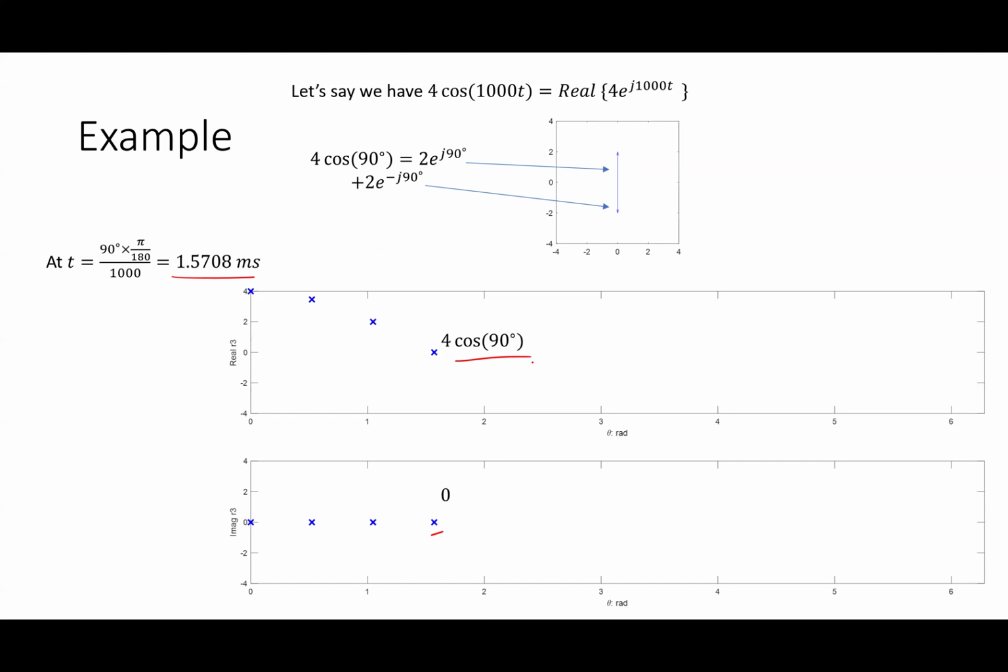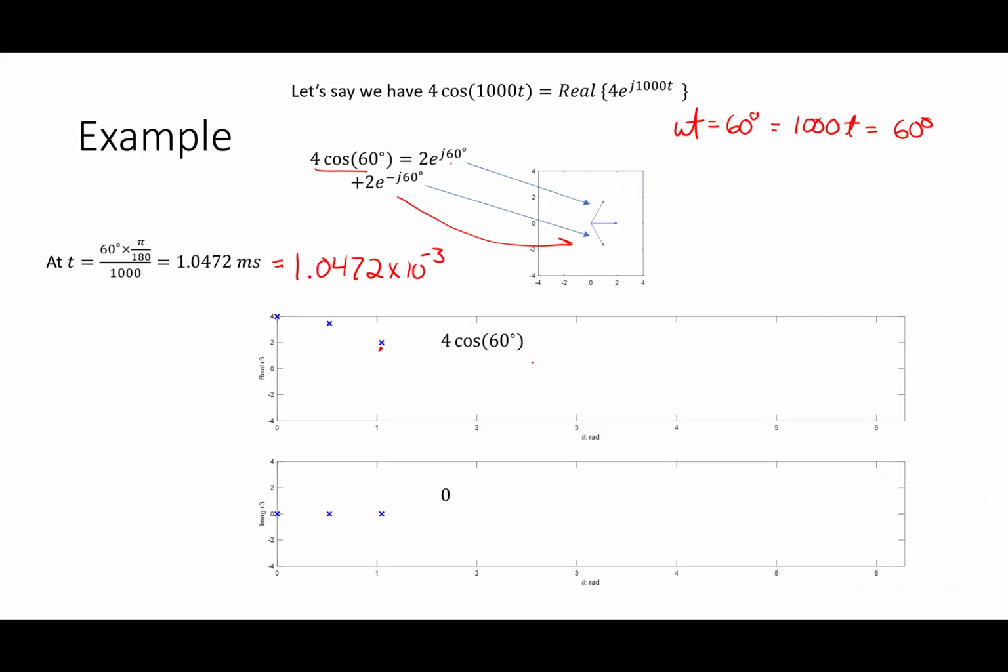What's going to happen if I get to 270? Or sorry, let's do 180 first. If omega t was equal to 180, where would the two vectors point? They're both rotating, so let's watch them as they rotate.